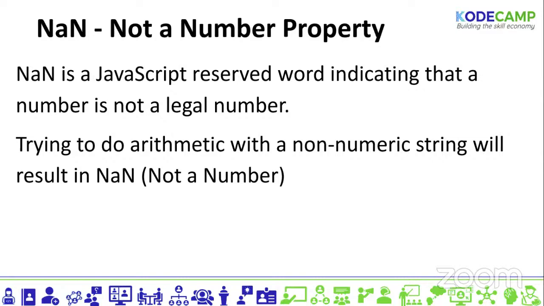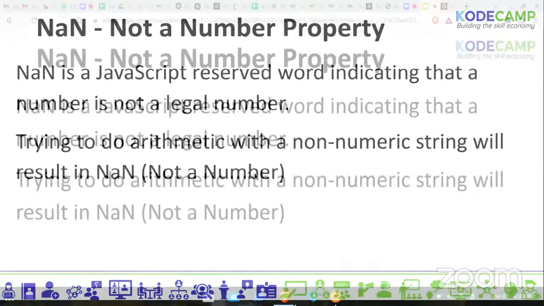This is like saying if you try to divide a number by a string, for example, what you will get back is this NaN to tell you that the result is not going to be a number.